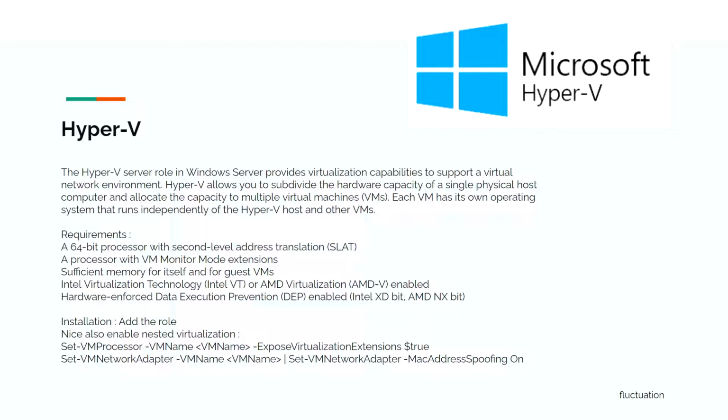All the VMs communicate only with virtualized hardware. The operating systems running in VMs are guest operating systems. Hyper-V in Windows Server 2019 supports the following guest operating systems: all Windows editions, Linux editions like CentOS, Red Hat Enterprise Linux, Debian, Oracle Linux, SUSE, and Ubuntu, and FreeBSD.